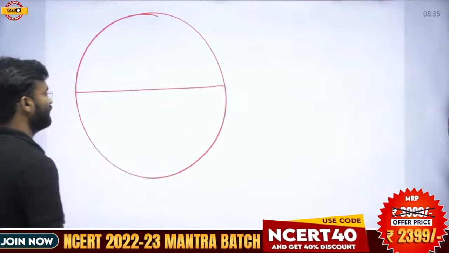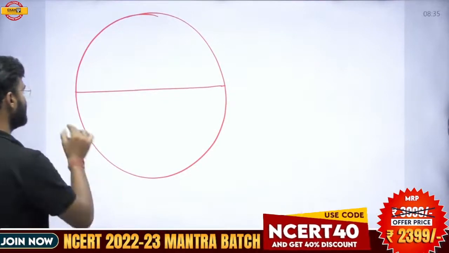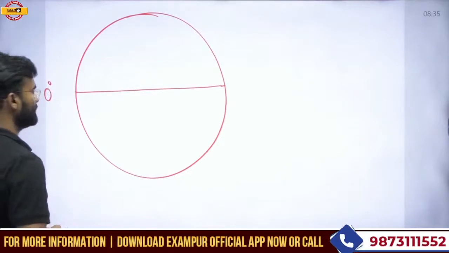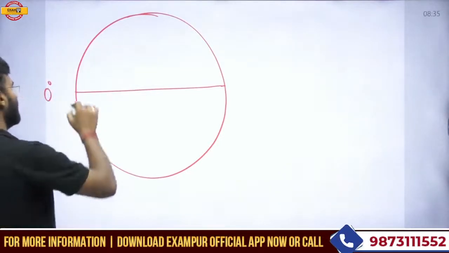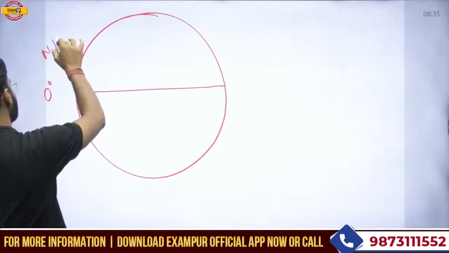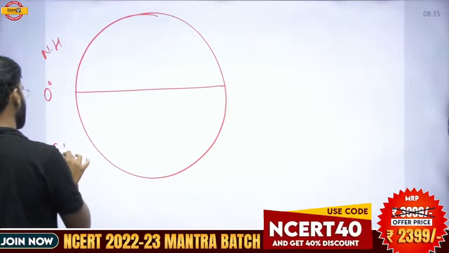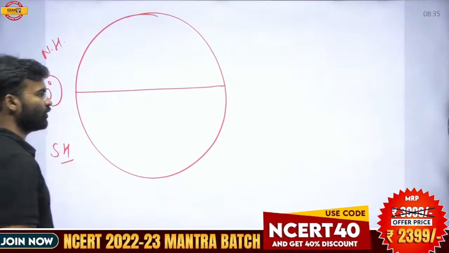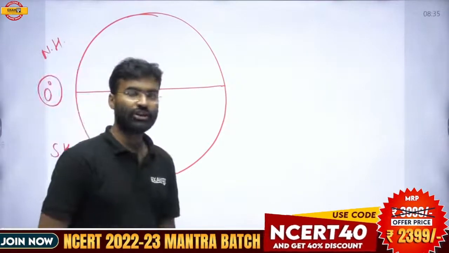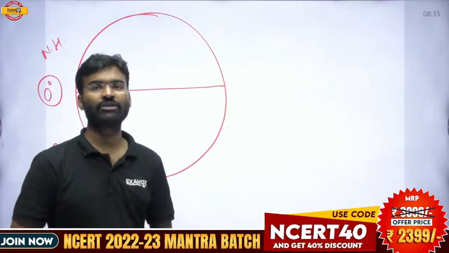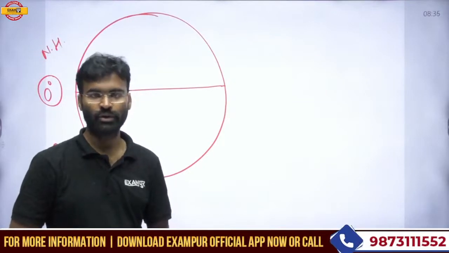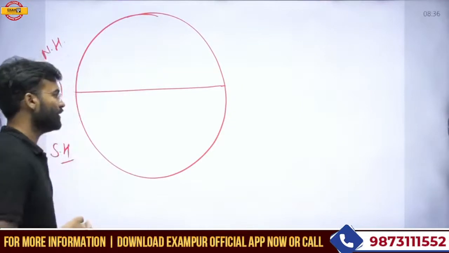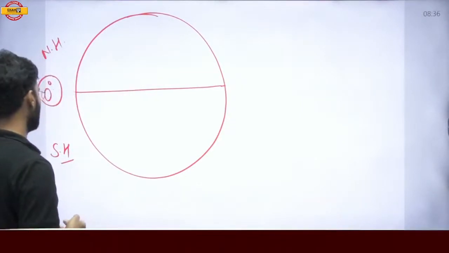Next, we looked at the imaginary line that divides the earth into two equal parts: this is the northern hemisphere, this is the southern hemisphere. This equator plays a very crucial role in the imagination of the latitude and longitude.